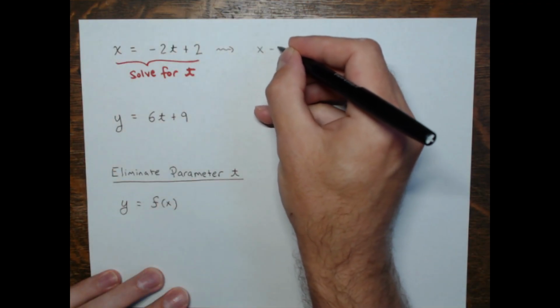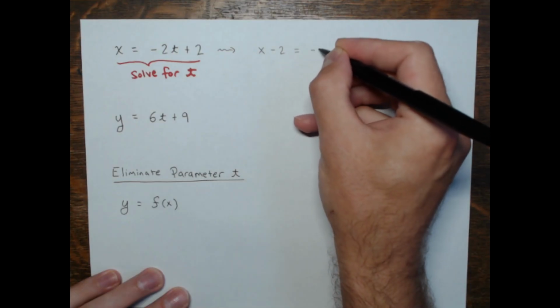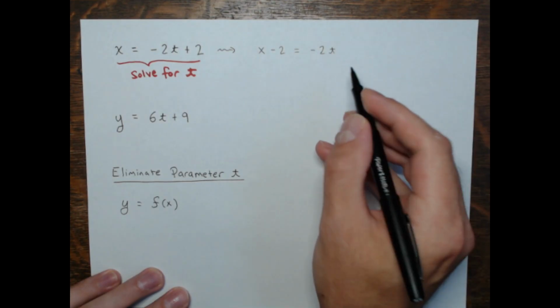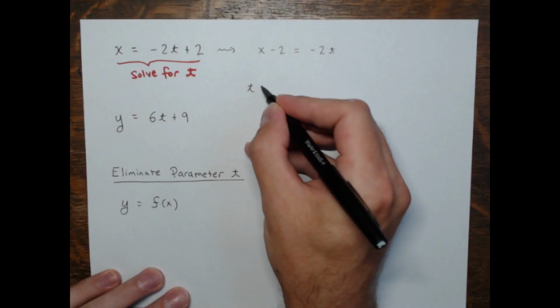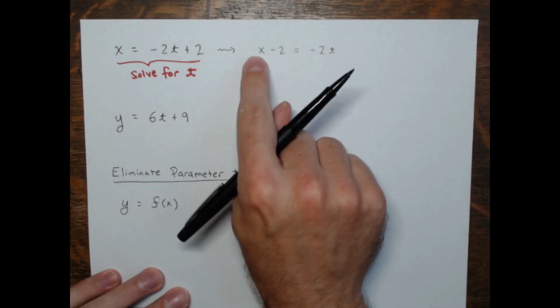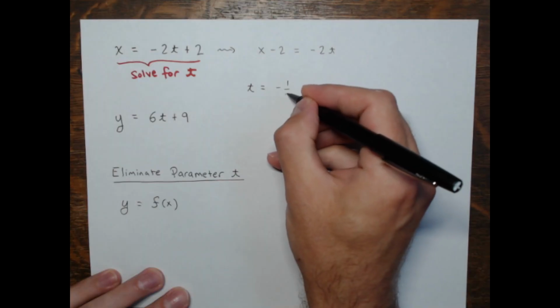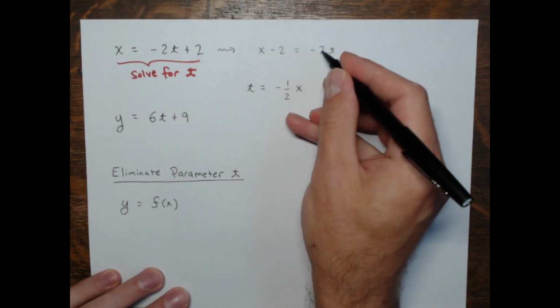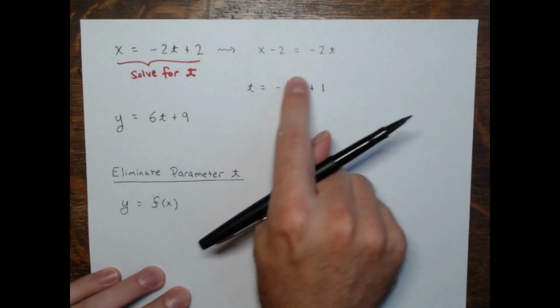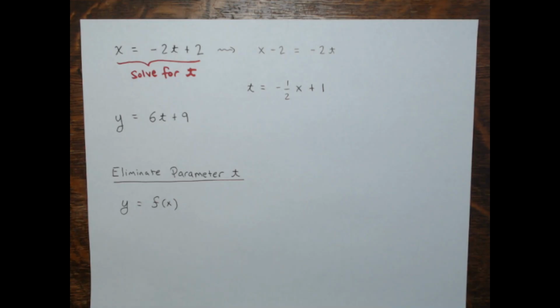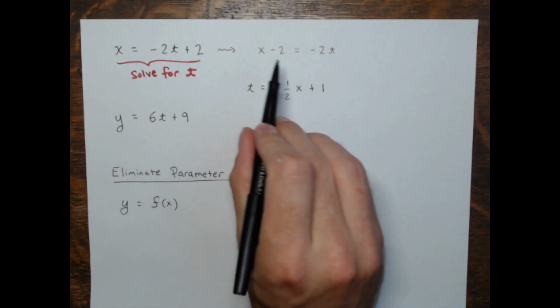So then you have x minus 2 equals negative 2t, and then dividing everything by negative 2, right? So t would be negative 1/2 x, and then negative 2 divided by negative 2 is plus 1, right? Or you could have x minus 2, all divided by negative 2 if you want to write that. But I'm just going through and dividing each term by negative 2.